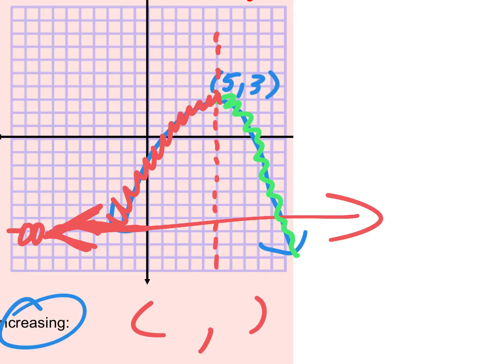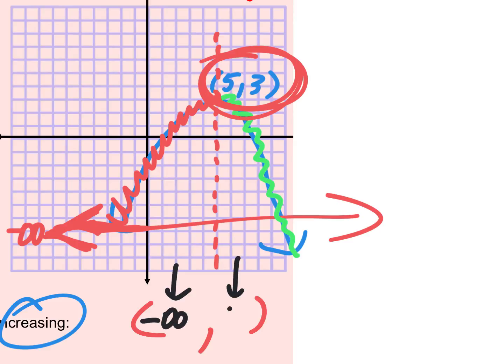Negative infinity is way to the left. And it doesn't increase forever. It stops right here. But I've tried to coach you whether to use the x or the y. So what do you think the final answer is that I should put here? Negative infinity to 5. Yes, there it is. That's where it was increasing, from negative infinity to 5.